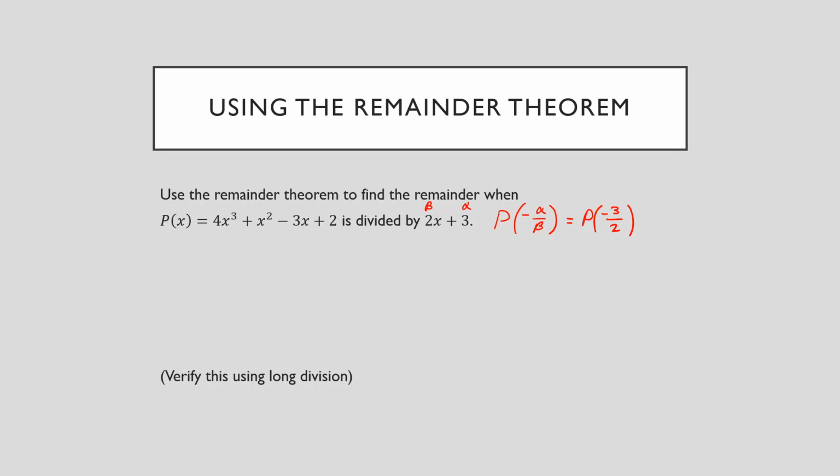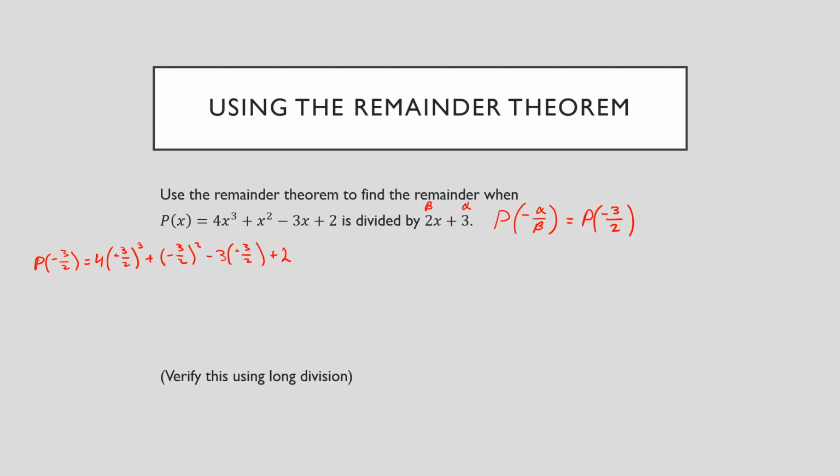Okay, so let's do that. P of negative 3 on 2. Alright, so that just means substitute x for negative 3 on 2. So for our first term, we're going to have 4 times negative 3 on 2 cubed plus negative 3 on 2 squared minus 3 times negative 3 on 2, plus 2.